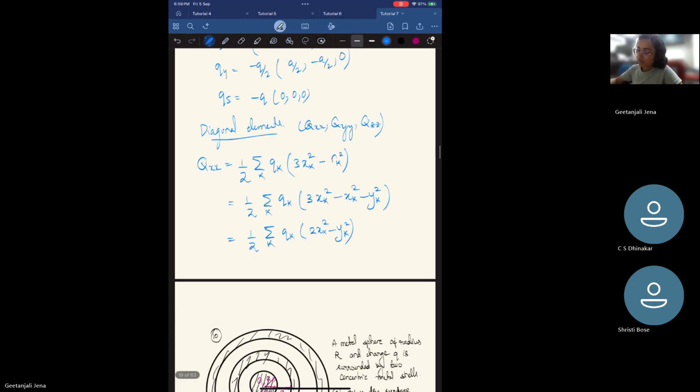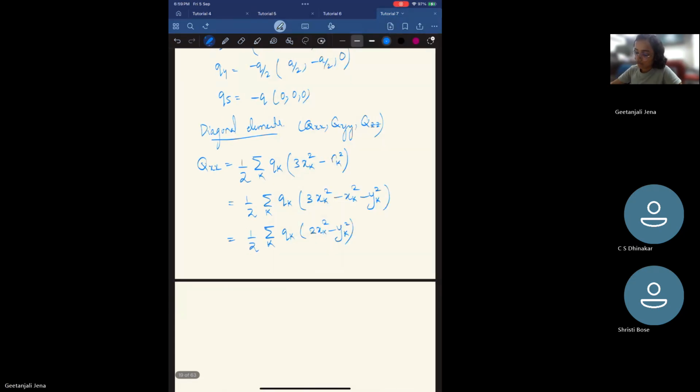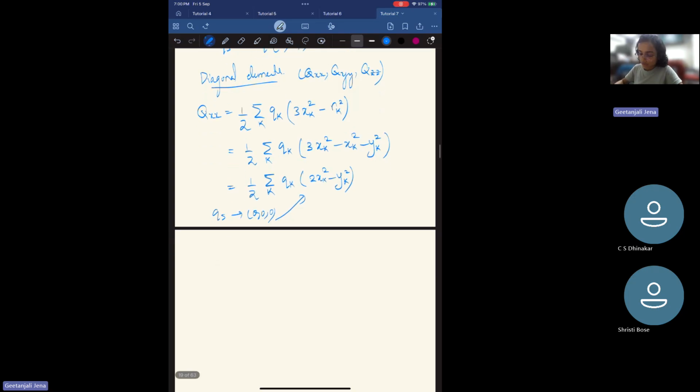Okay, and if we see, Q5 is at the origin, so all the coordinates are 0. That means Q5 won't have any Q_xx term, so that is why we'll neglect the Q5 term. Let us first calculate the summation, then we'll add it up to find the total value of Q_xx.